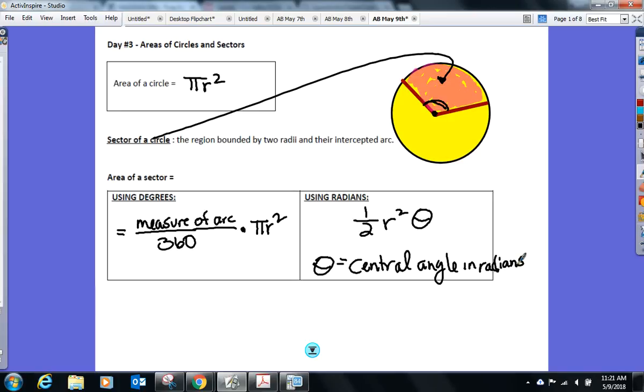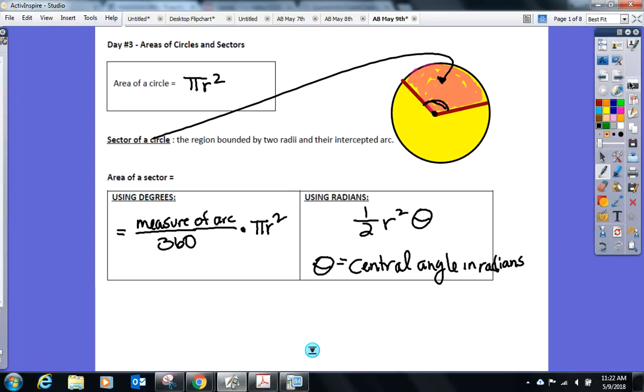I want you guys to realize you do not need to memorize both. If you'd rather just stick with this one, fine. But if they give you radians, what do you have to do before? Convert it. You do not have to memorize both. You can memorize one, and then if it's in degrees, convert it. If it's in radians, convert it.